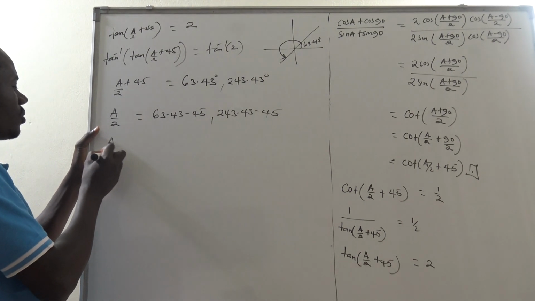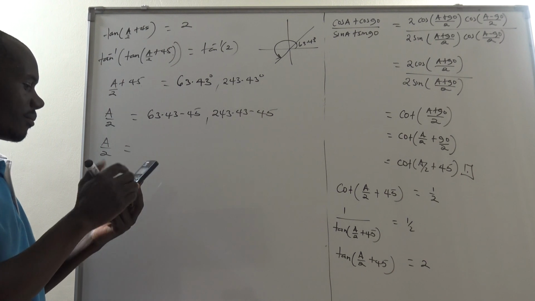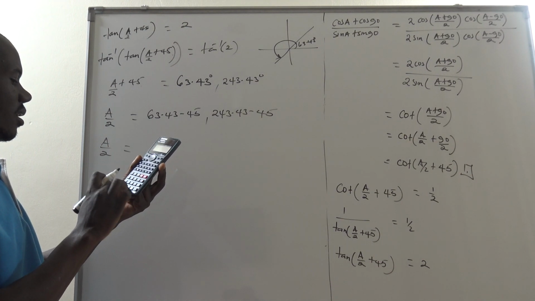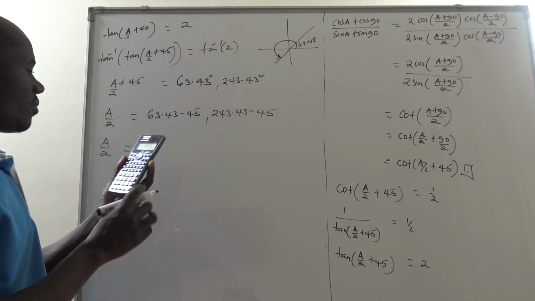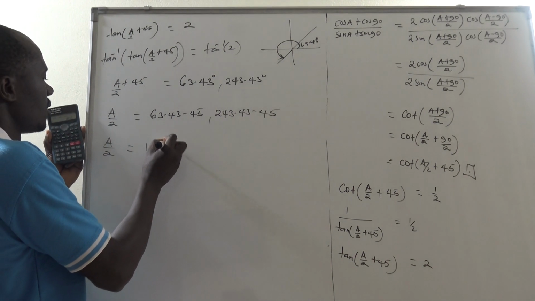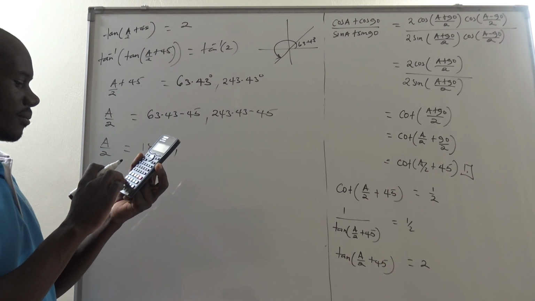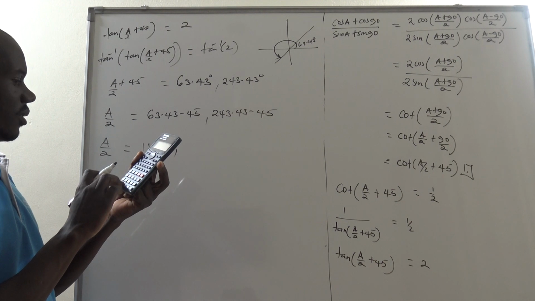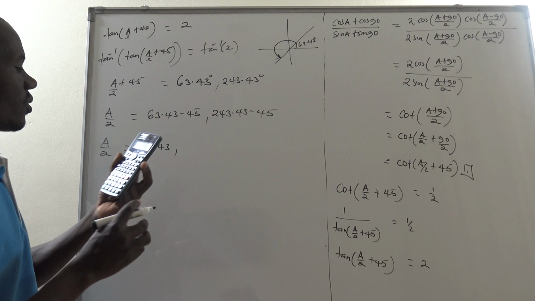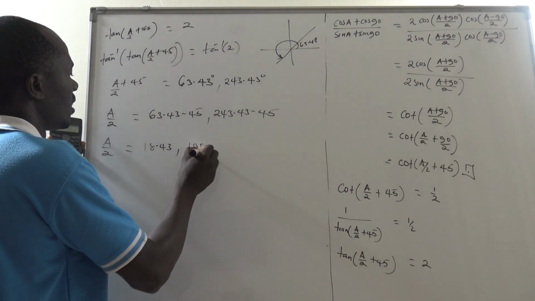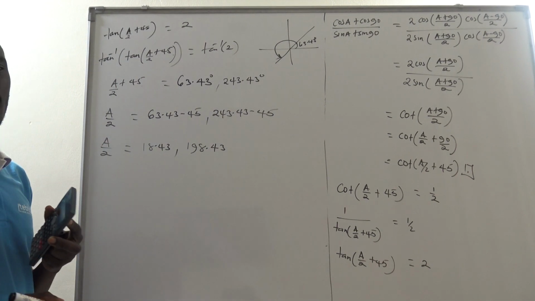So A by 2 equals, on our calculator, 63.43 minus 45, which is 18.43, and 243.43 minus 45, which is 198.43.